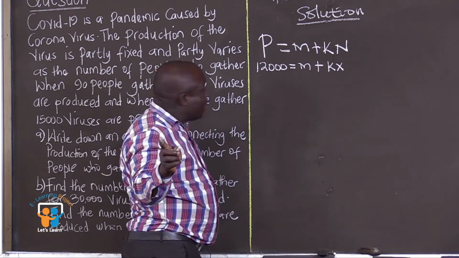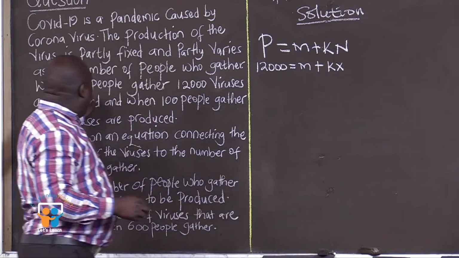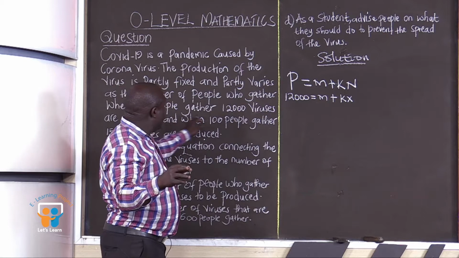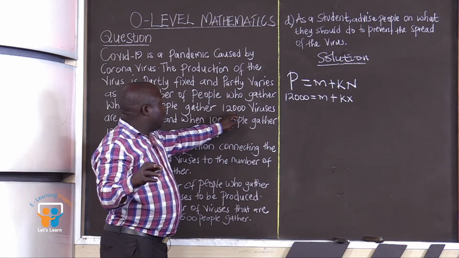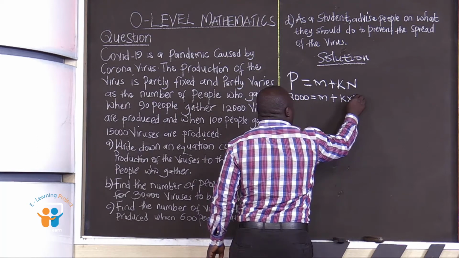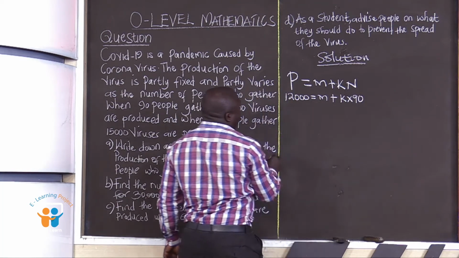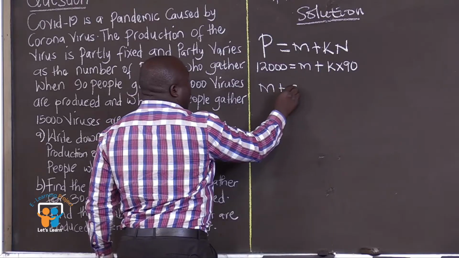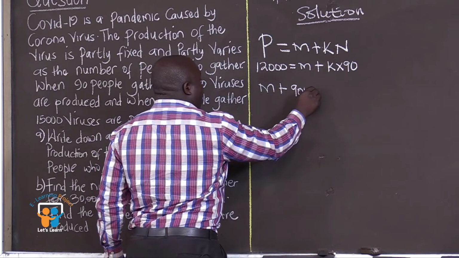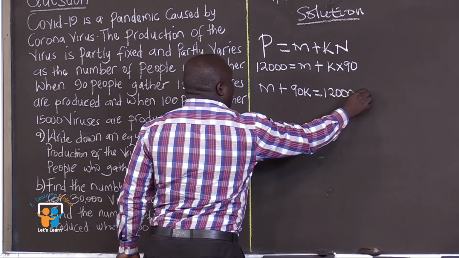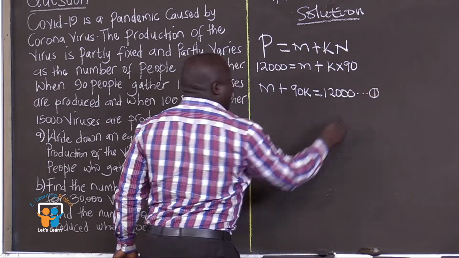So we shall have M plus 90K equaling 12,000. We can call this our equation 1.